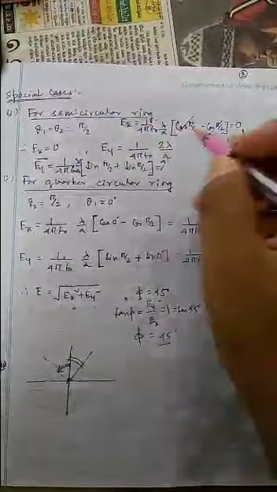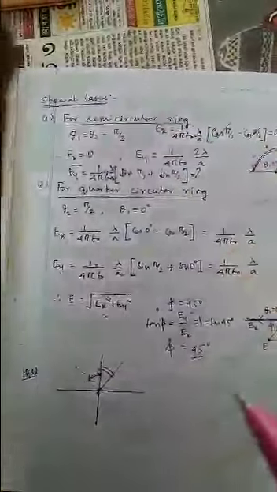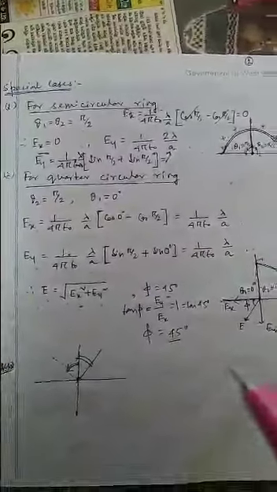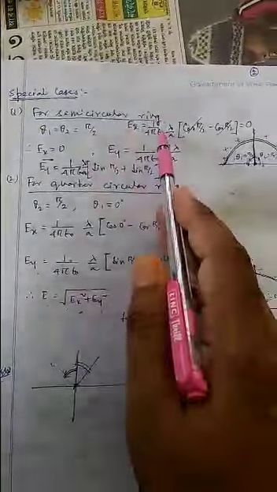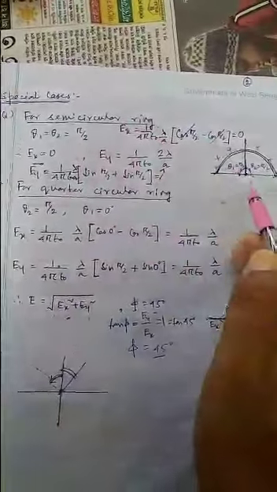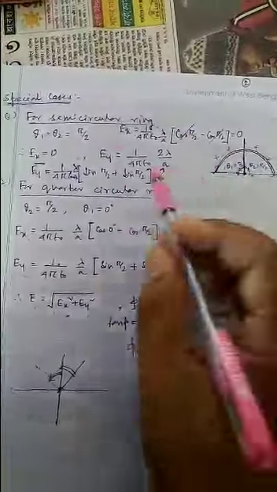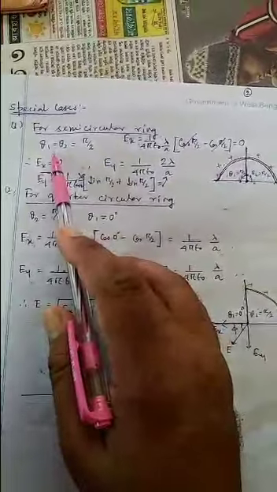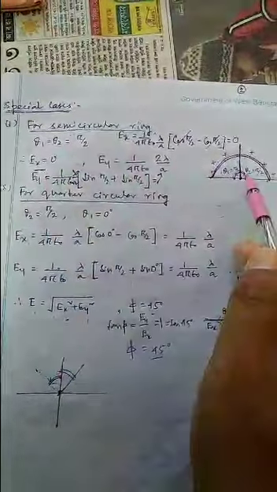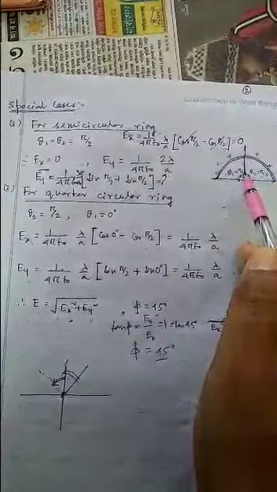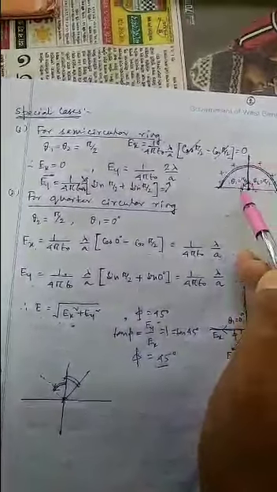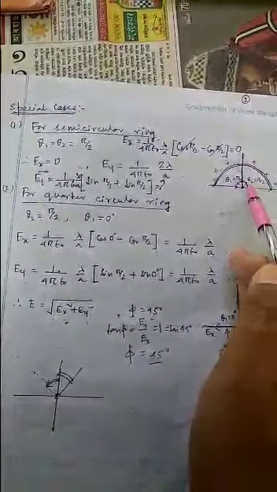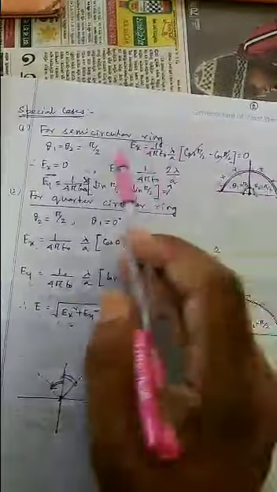Now from this result we can find out the intensity of electric field for some special cases. First we consider the intensity of electric field for a semicircular ring. Look at the diagram. What should be the limit here for a semicircular ring? With respect to the y-axis, theta 1 should be pi by 2 and theta 2 also should be pi by 2.